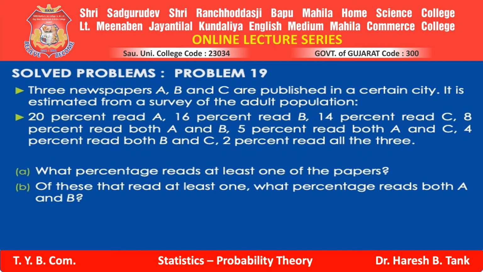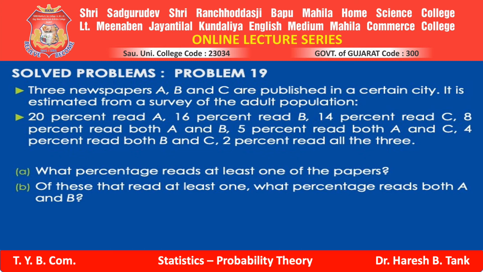Three newspapers A, B and C are published in a certain city. It is estimated from a survey of the adult population that 20% read A, 16% read B, 14% read C, 8% read both A and B, 5% read both A and C, 4% read both B and C, and 2% read all three.